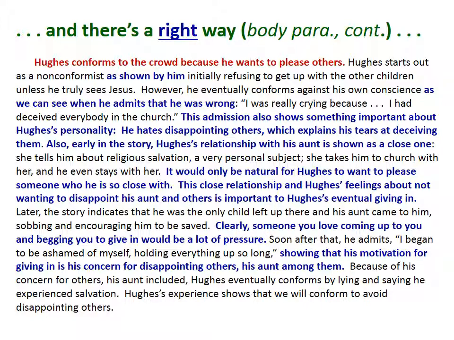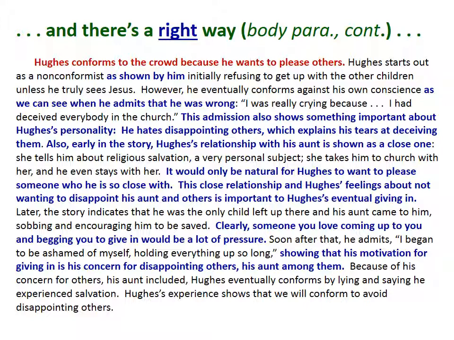And then this is also seen when we're given the information about the closeness of Hughes' relationship with his aunt. Initially, in that other paragraph, I was scratching my head wondering why this information was being shared with readers. What did that have to do with him not wanting to disappoint others? But here it's clear to me because the student has added an explanatory comment.